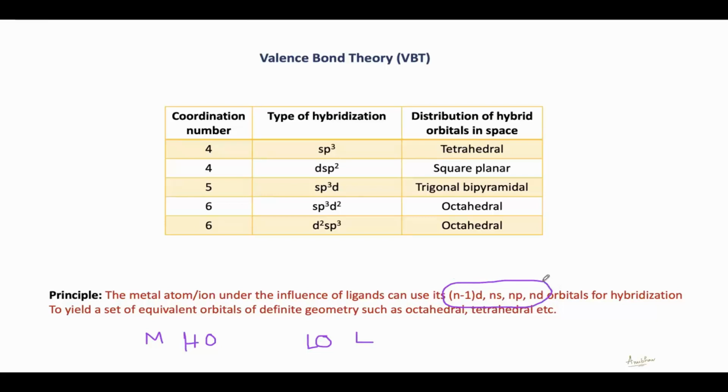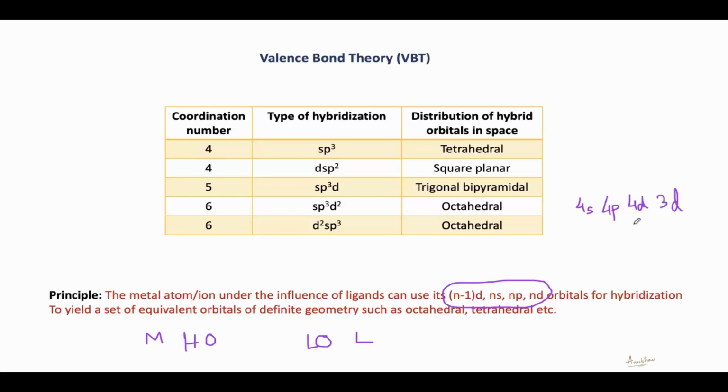n-1 d, ns, np, nd. So when we talk about 3d transition metals, we will talk about 4s, 4p, 4d, and also n-1 d. That's why it is termed as 3d.